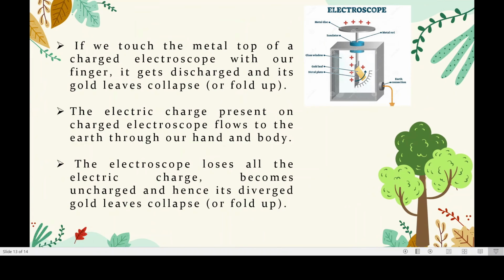If we touch the metal top of the charged electroscope with our finger, it gets discharged and its gold leaves collapse, that is, fold up. The electric charge present on the charged electroscope flows to the earth through our hand and body. So the electroscope loses all the electric charge, becomes uncharged, and hence the leaves fold up.